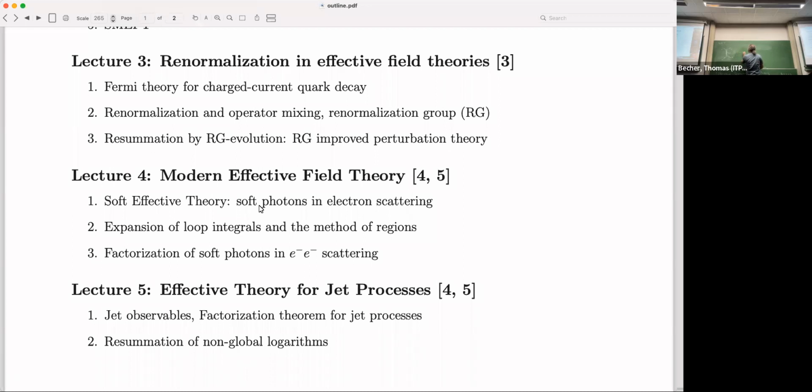So at low energies, instead, you can write down a theory without the W. In essence, you simply have this down up. And to go formally from this to this, one has to know the Feynman rule for this propagator here.